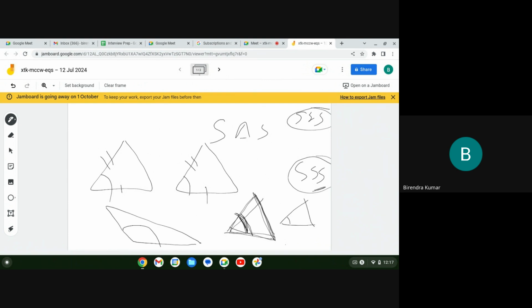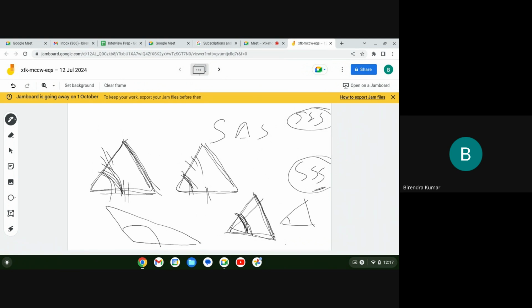Here in this case, the two sides are matching length, and this angle is also matching. So since this side is a function of this angle, and since these angles are matching, my sides have to match.